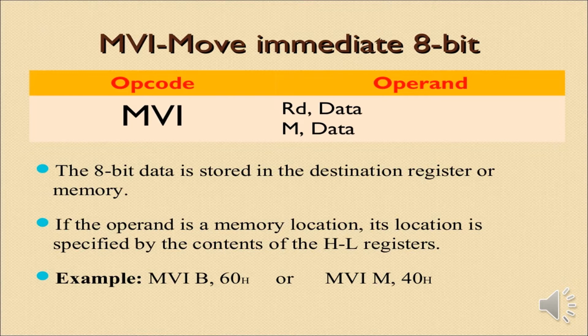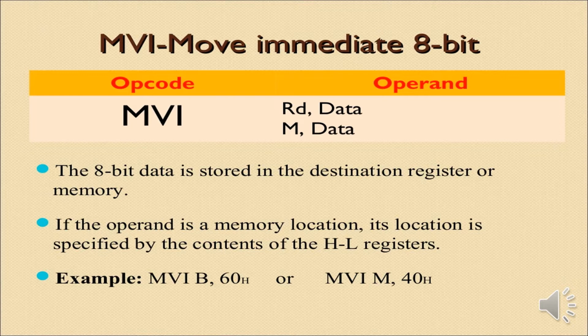This instruction directly loads a specified register with the 8-bit data given within the instruction. The register is an 8-bit general purpose register, and it may be the B register, C register, D register, E register, and also the H and L registers.